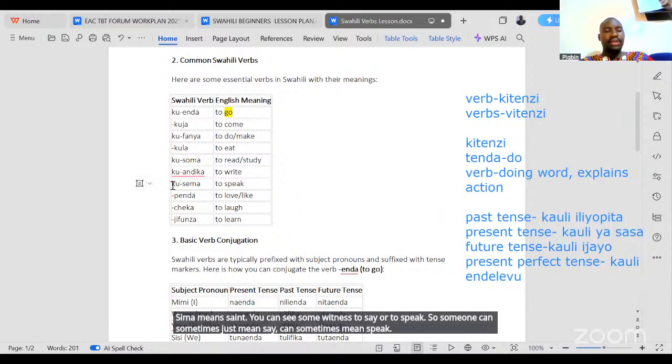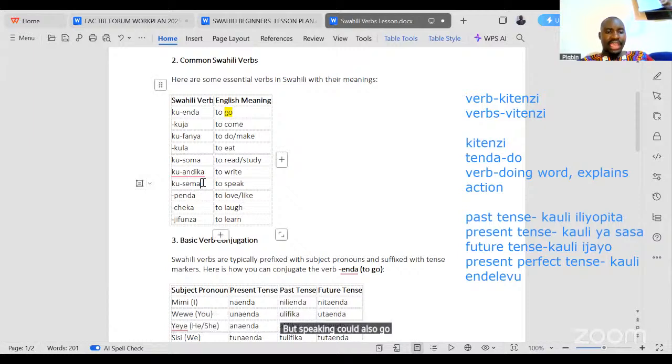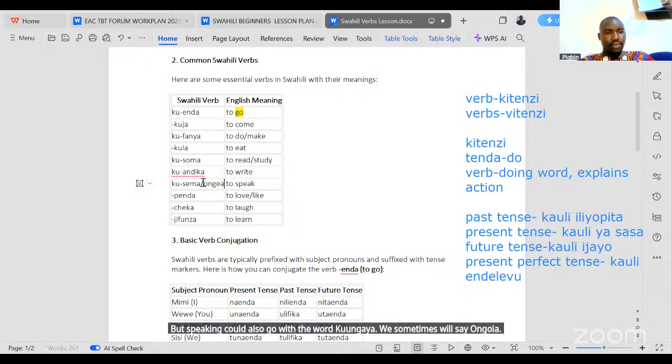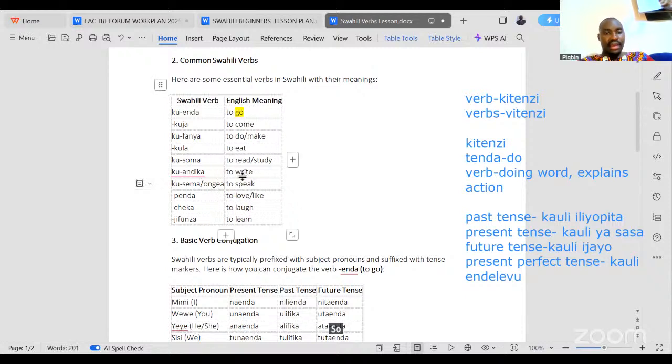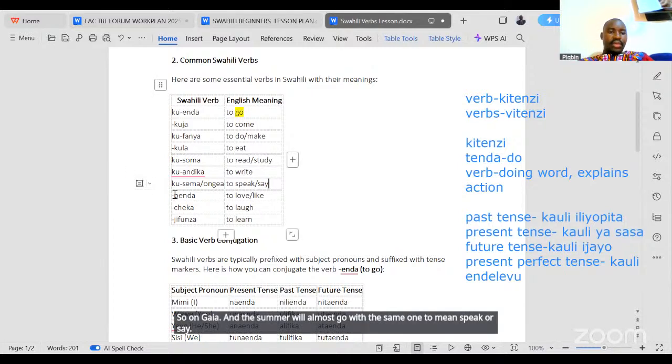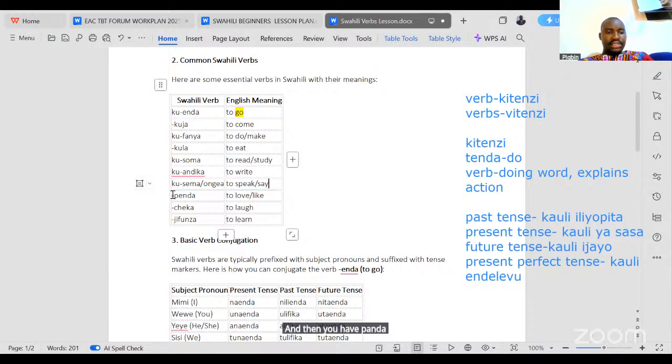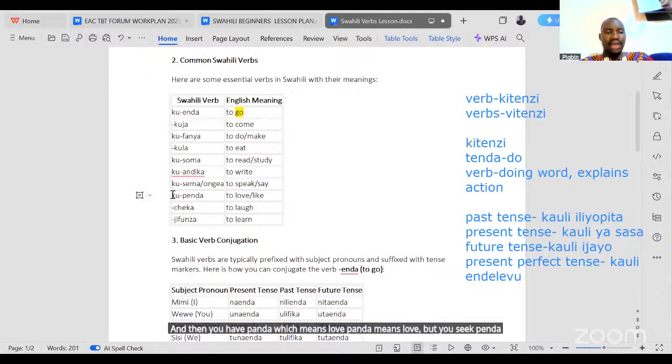Speak could also go with the word kuongea. We sometimes say ongea. So ongea and sema almost go together to mean speak or say. Then we have penda, which means love. You say kupenda, which means to love or to like.